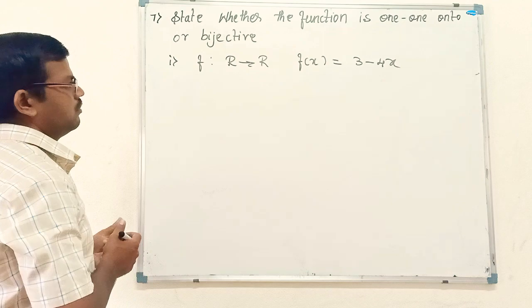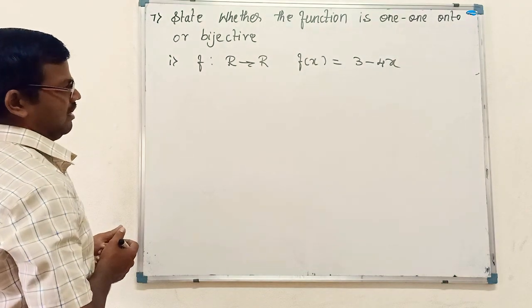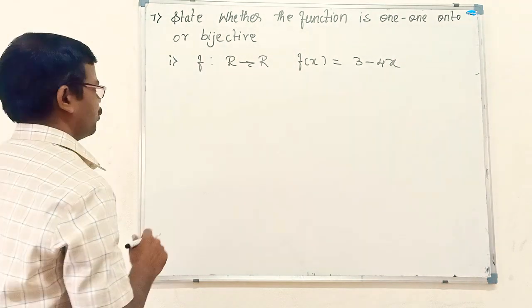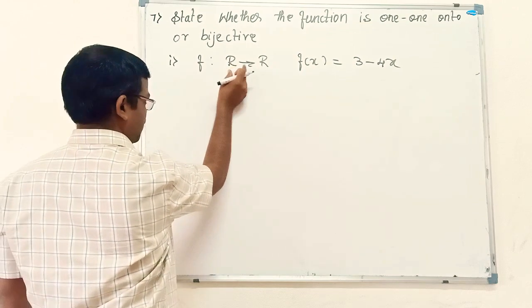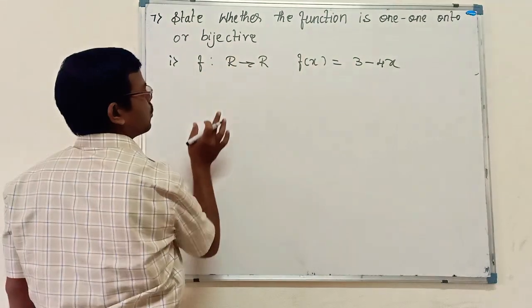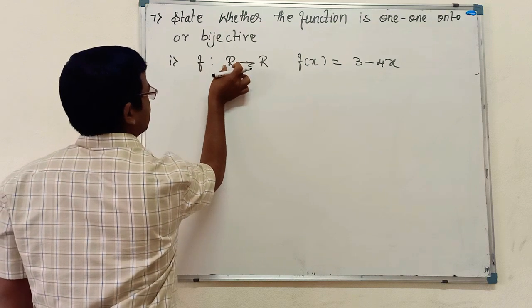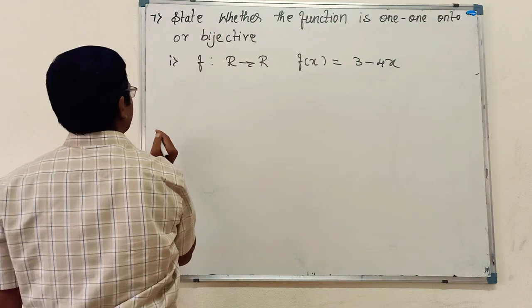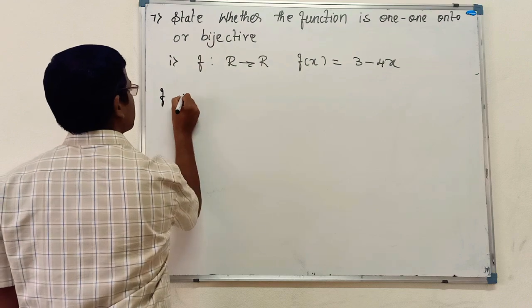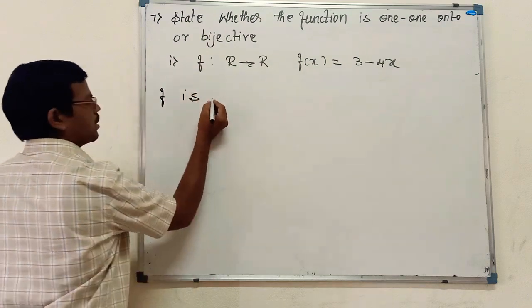So first, we check whether f is 1-1 or not. For that, we have to identify the domain and codomain. The domain is the real numbers.